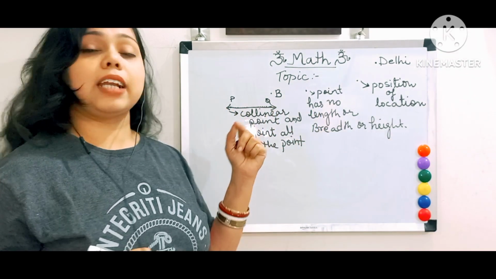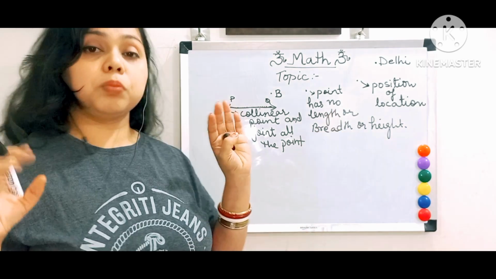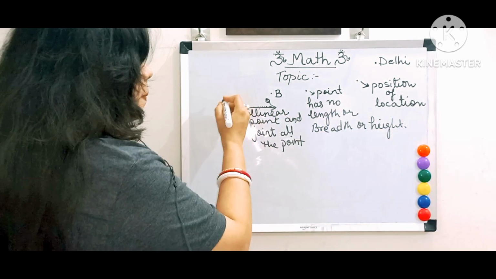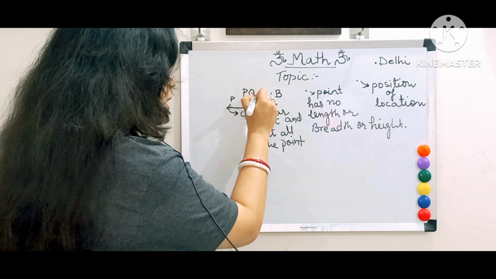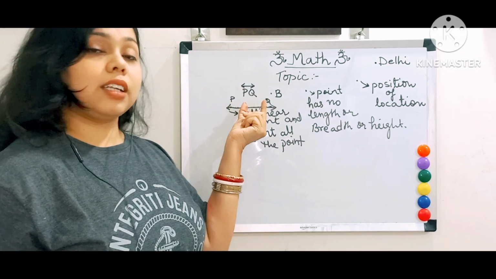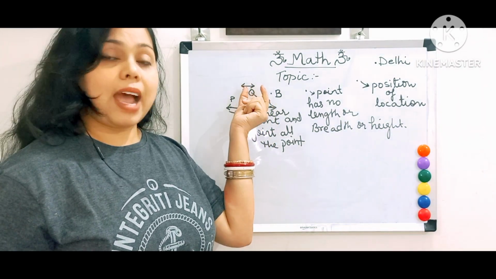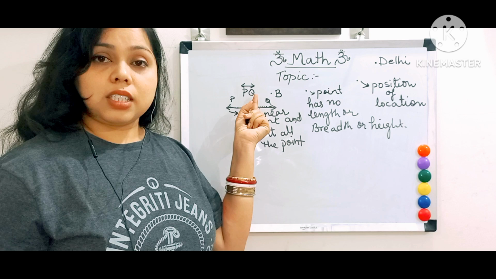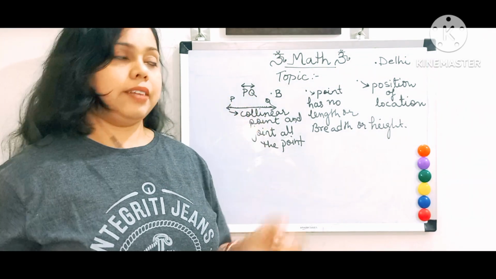That means the line can be extended from both sides or both directions. Also in geometry you write the symbol of a line like this. You will write the points as PQ and you will put the symbol of a line like this. You will put an arrow at the end of the line.